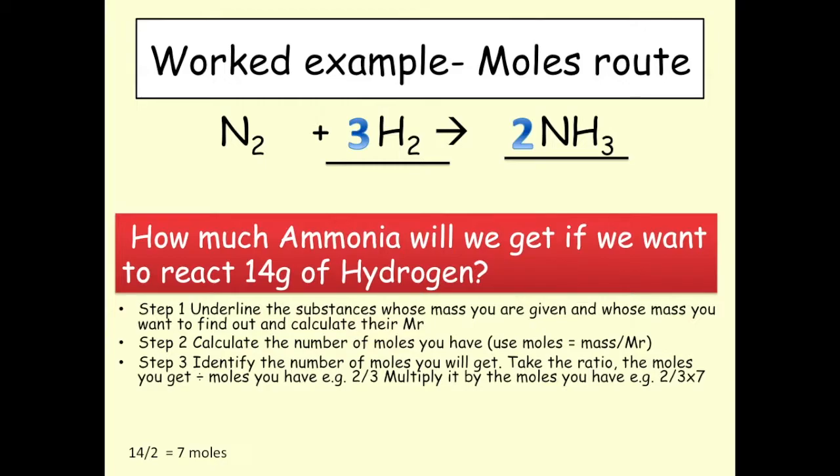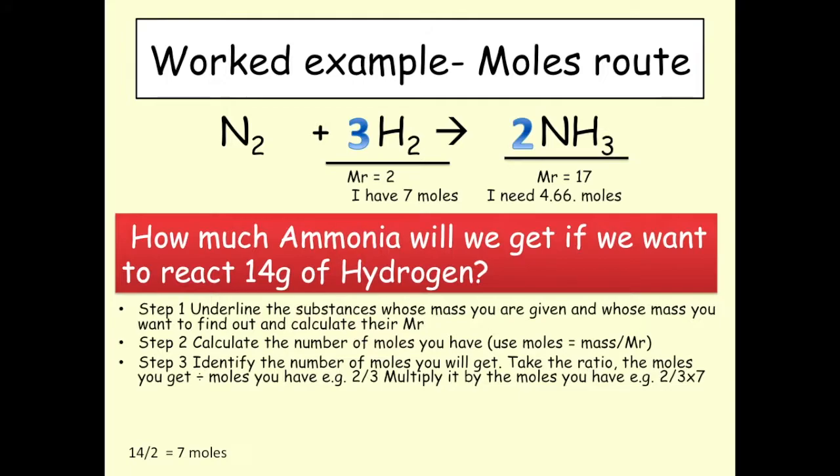And that will tell us the amount of moles we've got of ammonia. But as the question is in grams, we're going to want to convert that to grams. So we know that 7 moles of hydrogen will result in 4.66 moles of ammonia formed.